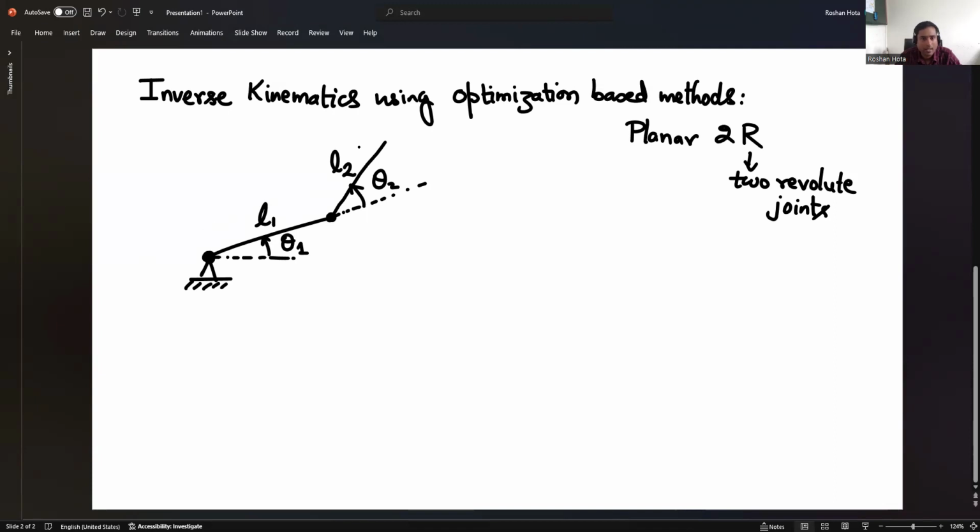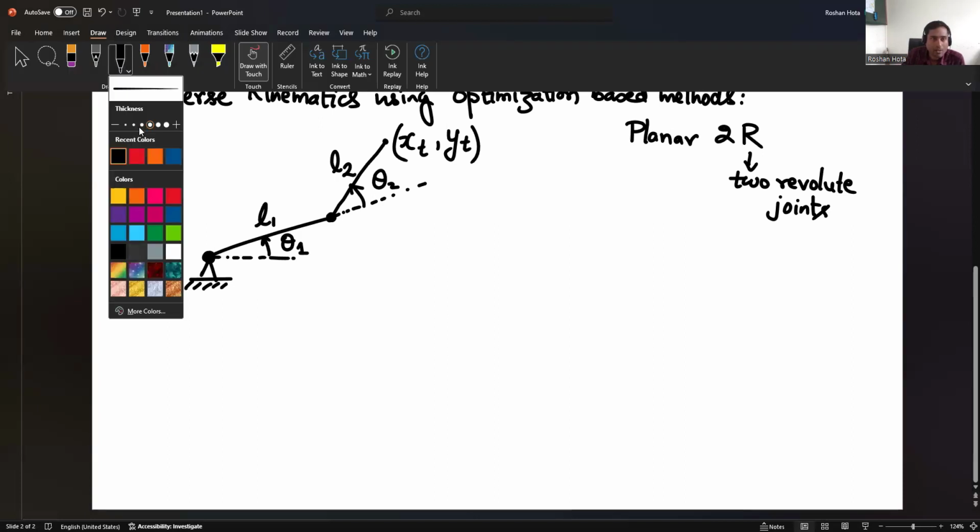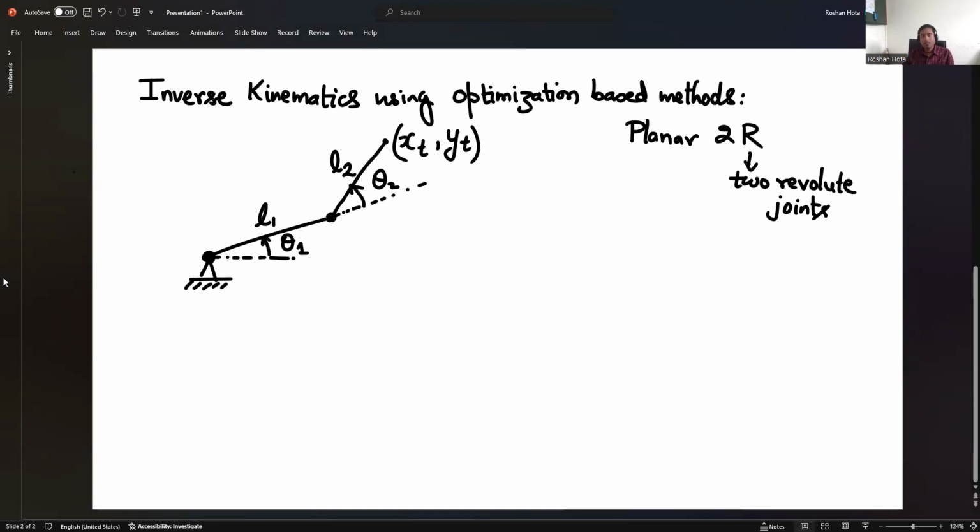And based on the angles θ1 and θ2, the tip of the robot will reach some position xt, yt. Our goal here is to find θ1 and θ2 for any given xt and yt.